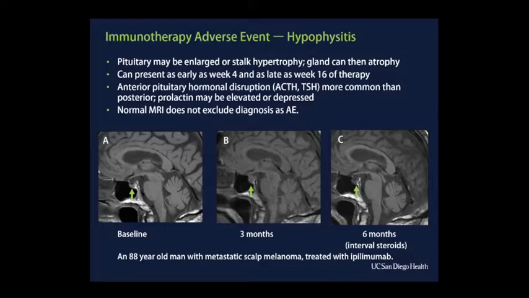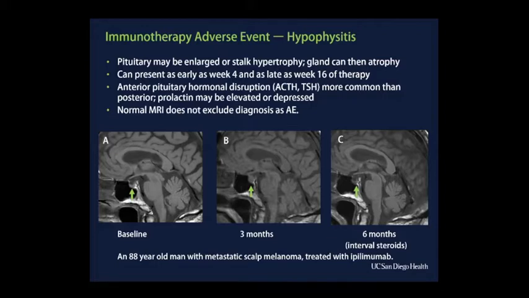And so the middle image reveals enlargement of the pituitary gland corresponding to this hypophysitis. But unless you're looking for it, you're not going to find it. So it's important to remember this is a differential from metastatic disease to the pituitary gland. This patient was treated with steroids for his progressive hyponatremia, and then imaging 6 months later on the right shows resolution. And the timeline of this really varies.